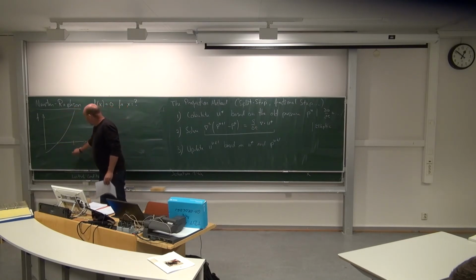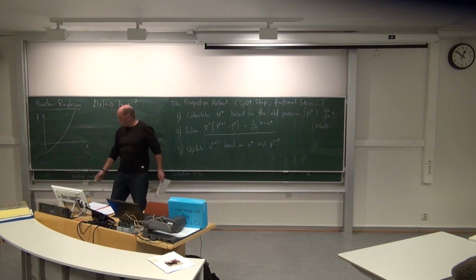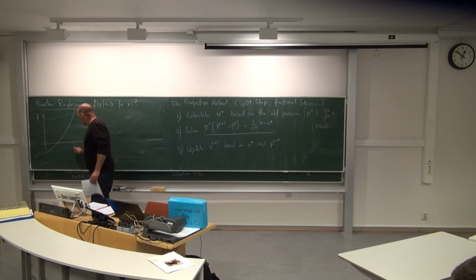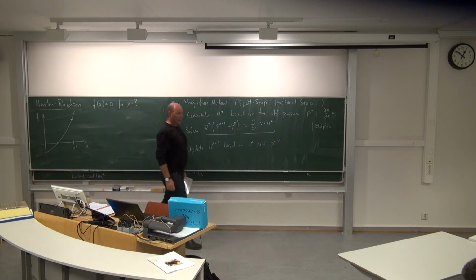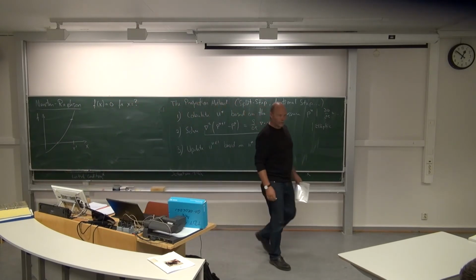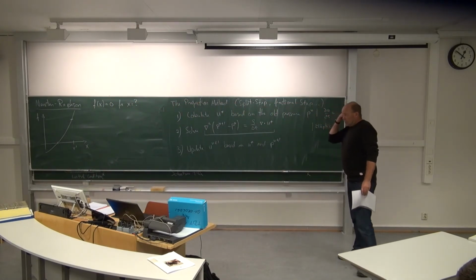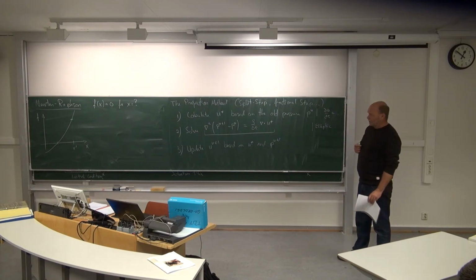You start by guessing a solution, here x number 1. And then you go up here, and you read something that is not 0. Okay, we haven't found the solution yet. How to find a better x?